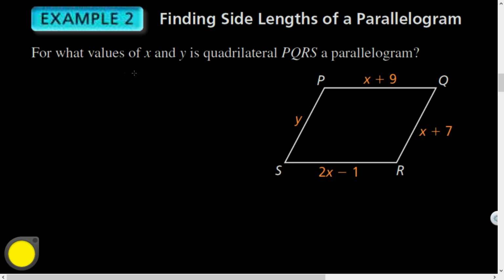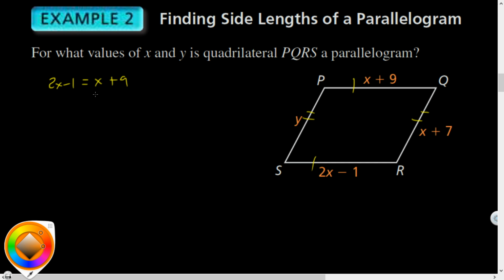So here we go. It says, what values of x and y make quadrilateral PQRS a parallelogram? Well, if these sides were congruent, then I'd be able to say that it's a parallelogram. What values would make those congruent? Well, I could say that 2x minus 1 equal to x plus 9 would be helpful to us. What's another equation I could write? Oh, you're solving it already?